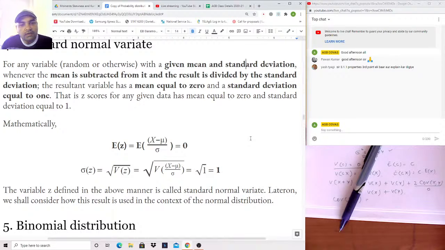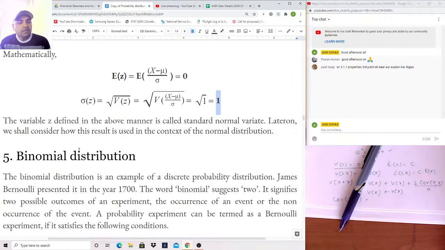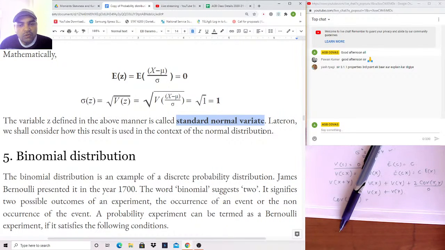From that data we subtract the mean and then divide by the standard deviation. If we sum those Z scores, the sum will be equal to 0, and if we take the variance of the Z score, it will be equal to 1. So the variable Z defined in the above manner is called the standard normal variable. Later on we will consider how this result is used in the context of the normal distribution that we are going to study.